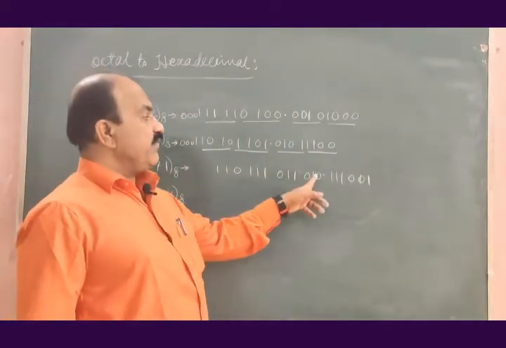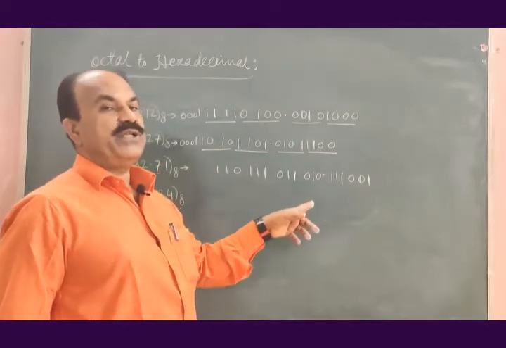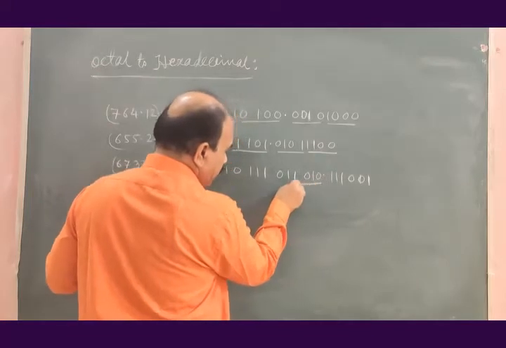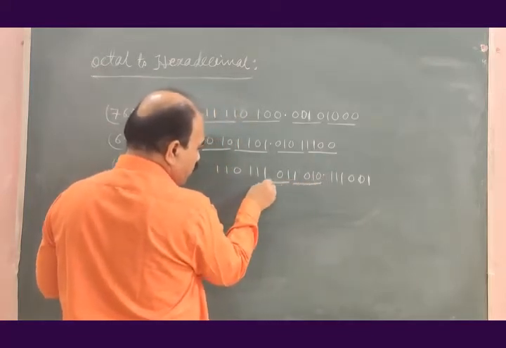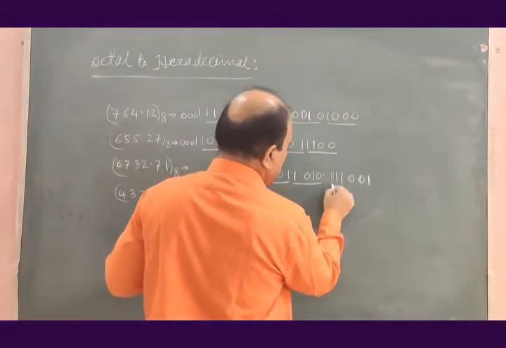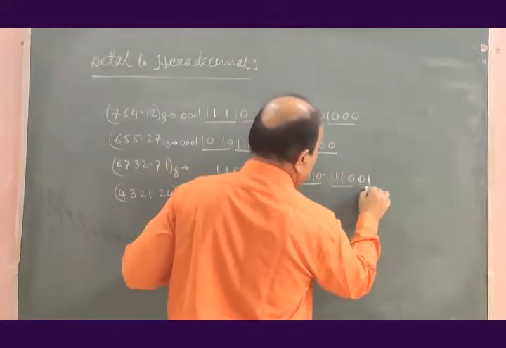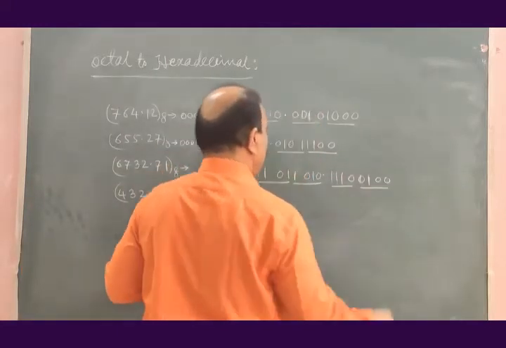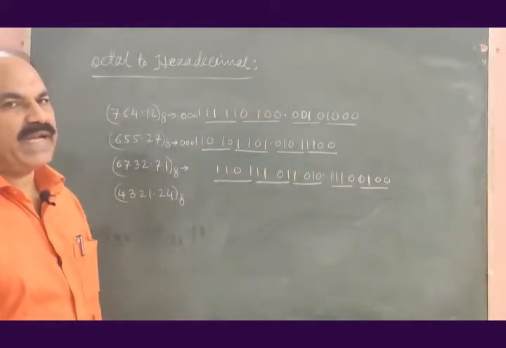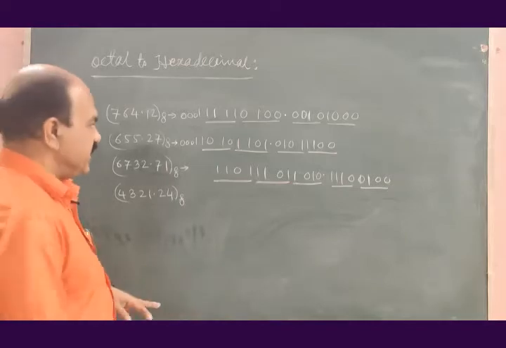Regroup them starting from the binary point into groups of 4 bits, with 2 zeros added, and replace each group of 4 bits by the equivalent hex digit.